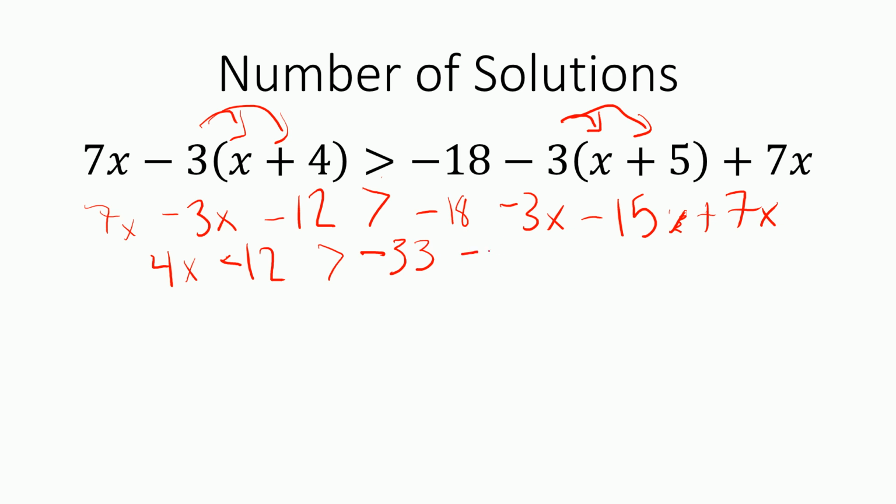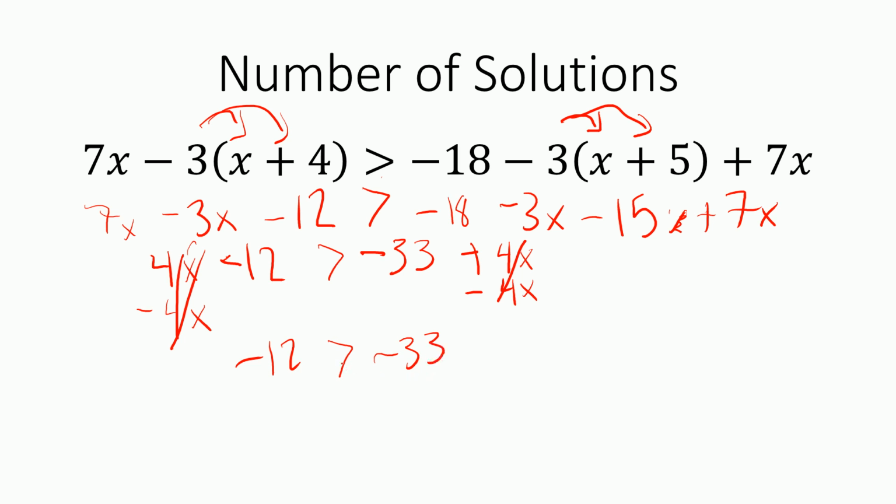And then -3x plus 7x is plus 4x. So now I'm going to get x's on one side or the other, and I'm going to subtract 4x to do that. Subtract 4x. And I look and I go, well, subtracting 4x is going to cancel those, but it's also going to cancel those and leave just -12 is greater than -33.